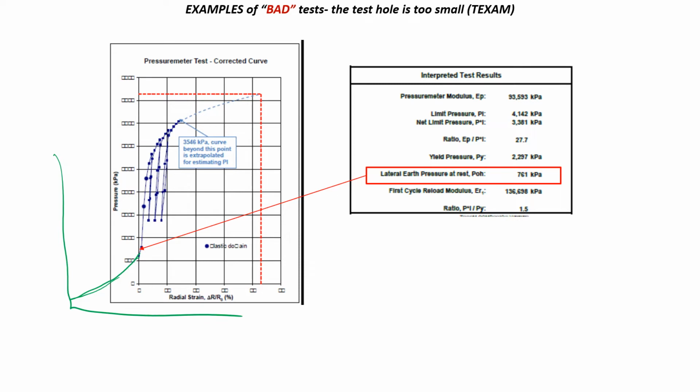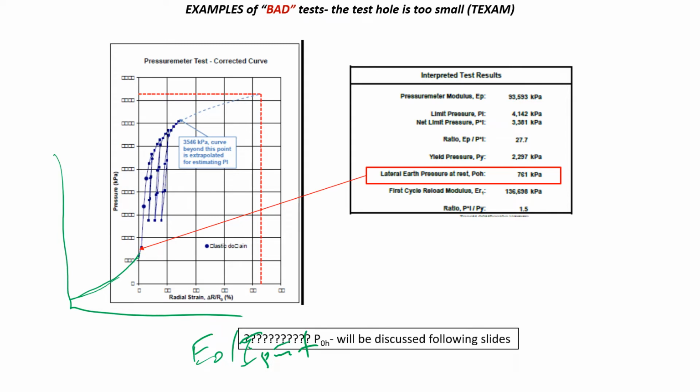Was it here or here? So I would kind of not trust the PMT modulus. Maybe I could trust the rebounds, but again, question marks. So guys, take this into account if you see this type of test. I speak about pre-bored pressuremeters.